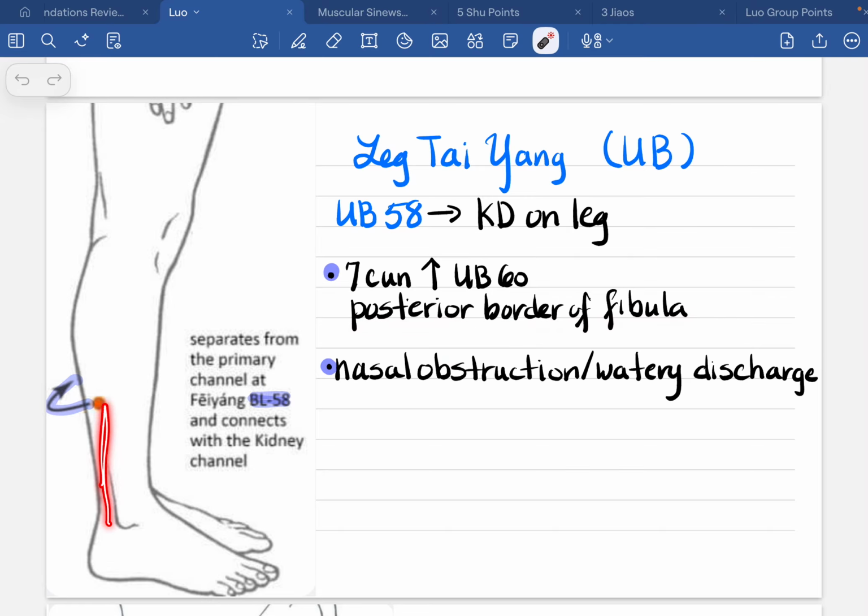So posterior border of the fibula, 7 soon up from UB60. This addresses nasal obstruction, water discharge. The only thing I can think of is the relationship between the lungs and the kidney. And that's maybe the reason why UB58 would help with nasal obstruction and watery discharge, or address it.